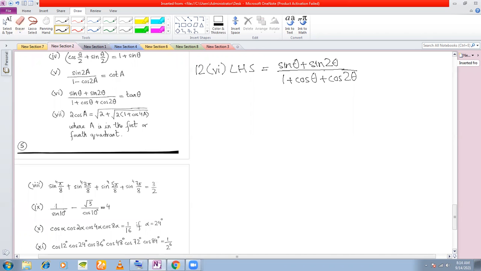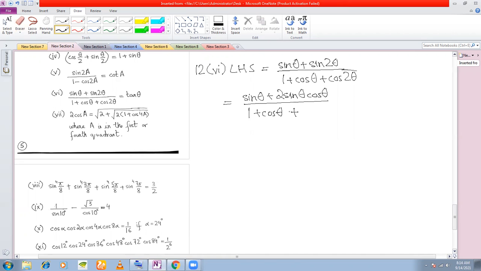First of all, convert all the multiple angles to your normal angles. So you keep sine theta as it is, and sine 2 theta you write as 2 sine theta cos theta. And 1 plus cos theta, again you write as it is.